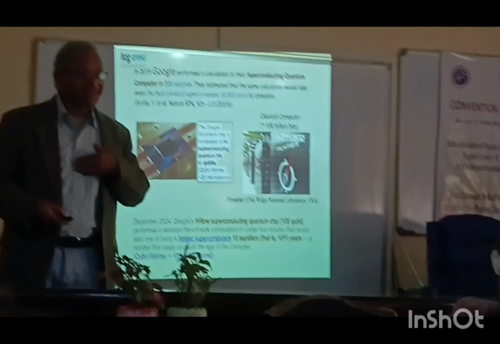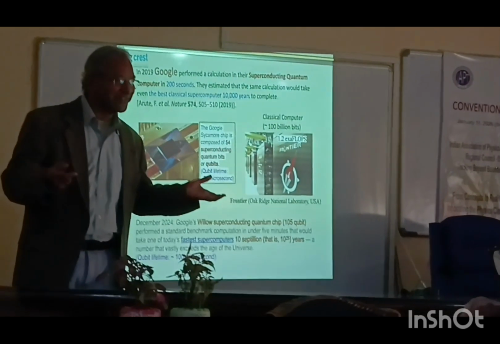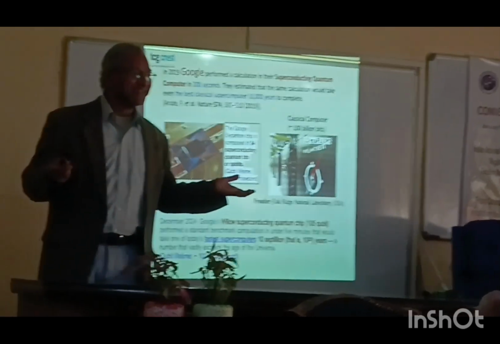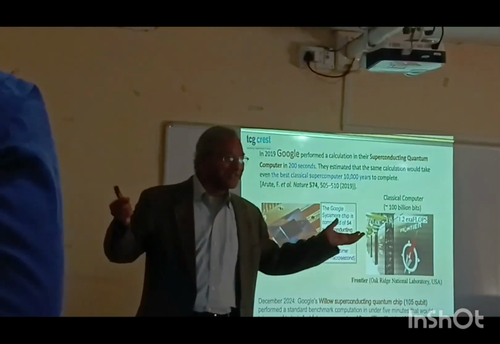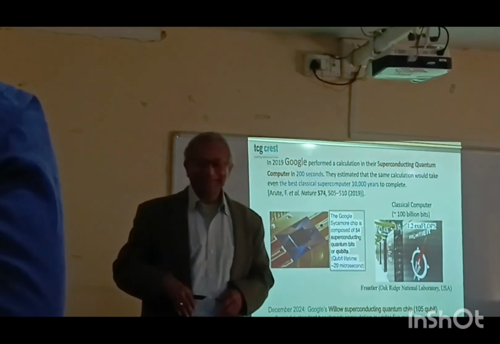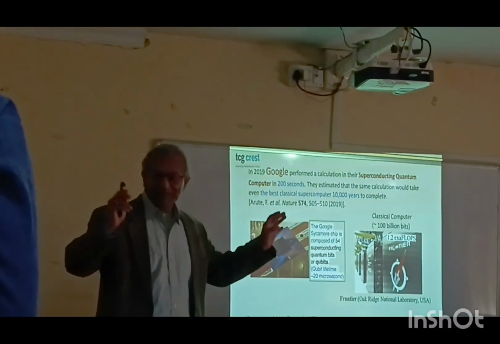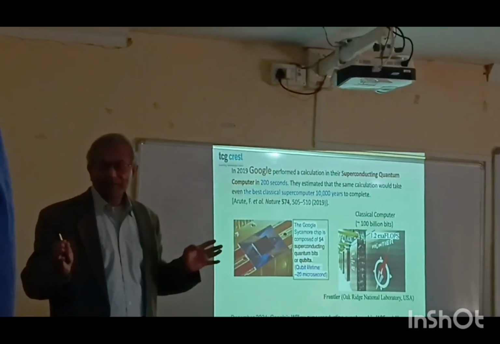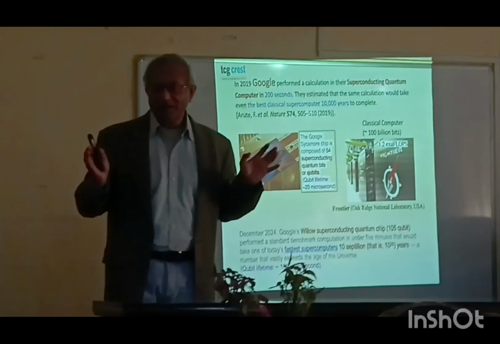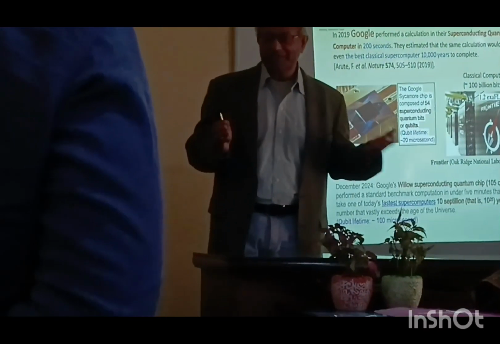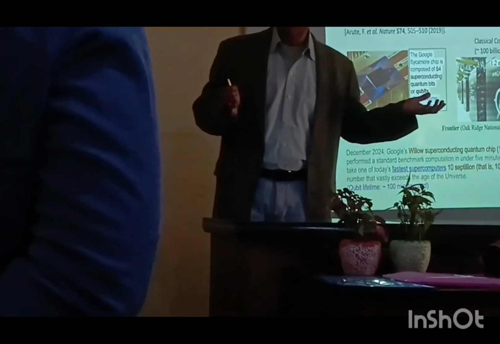It's of the order of 14 billion years, of the order of 10 to the power 10. 10 to the power 25 years, can you imagine? It's far longer than the age of the universe. So that means something that is impossible for the most powerful classical computer can be achieved with even a small quantum computer.